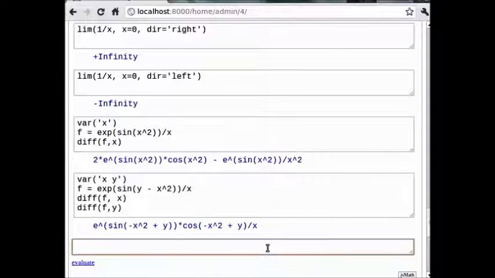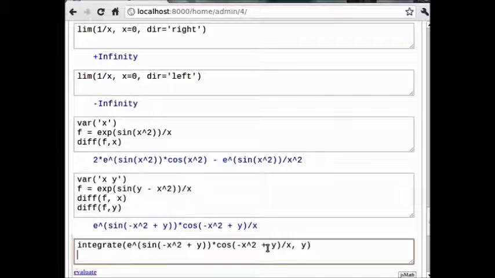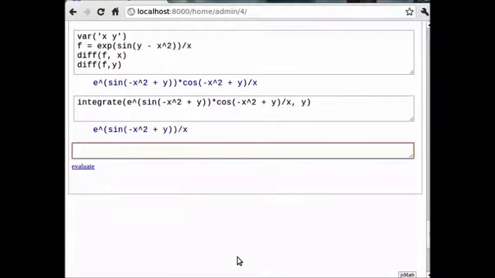So you can type integrate(e raised to sin(-x^2 + y) multiplied by cos(-x^2 + y)/x, y). As we can see, we get back the correct expression. The minus sign being inside or outside the sine function does not change much.